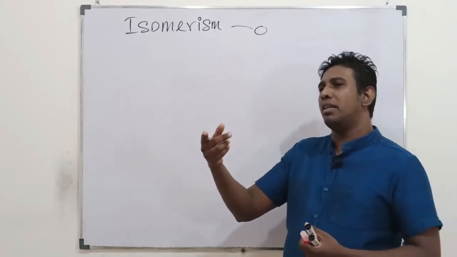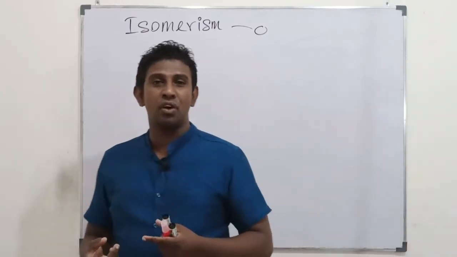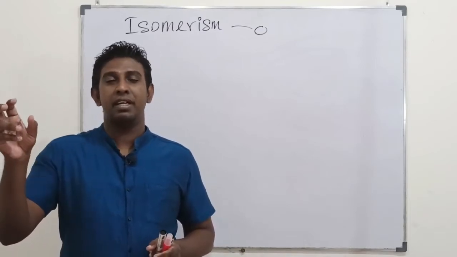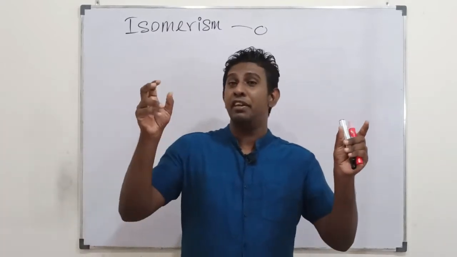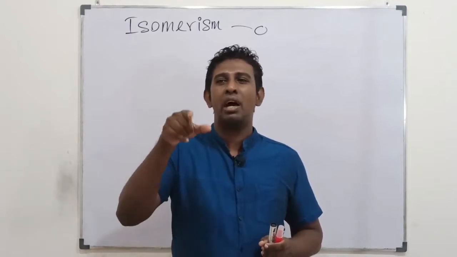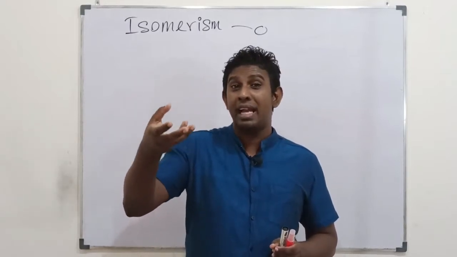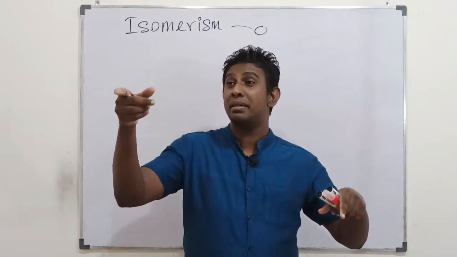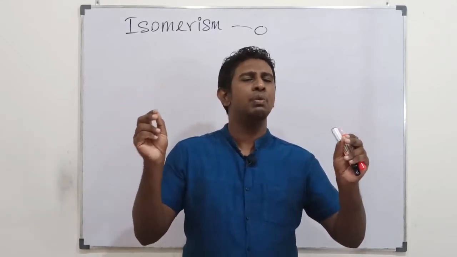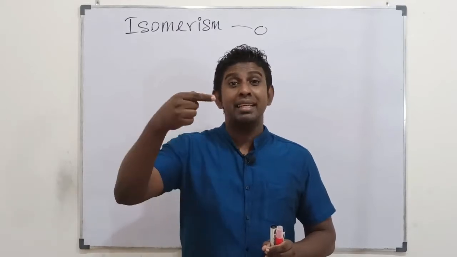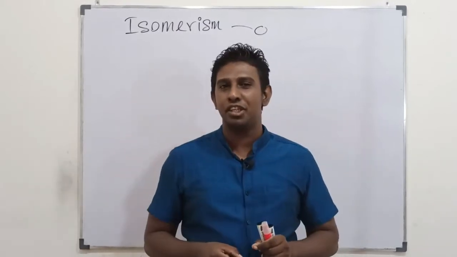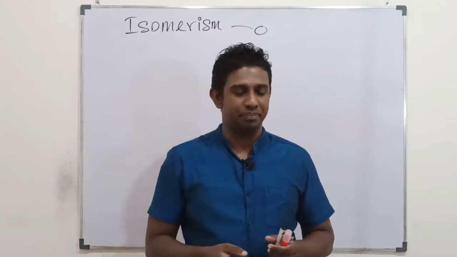It's possible to find different distributions of those atoms, representing different compounds, but when you count the number of atoms of each element, they would be the same. That phenomenon is identified as isomerism.